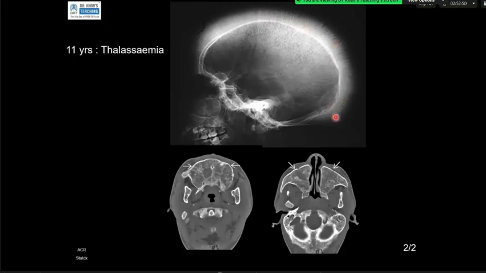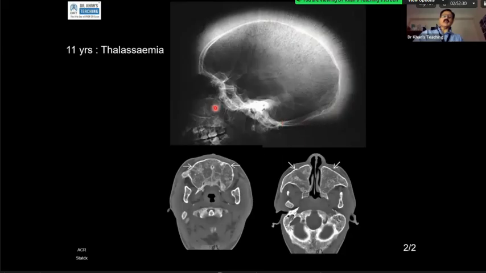One of the fine touches is that in the medullary cavity of the occipital bone, usually there is no hematopoiesis. So that is why this finding is deficient here.